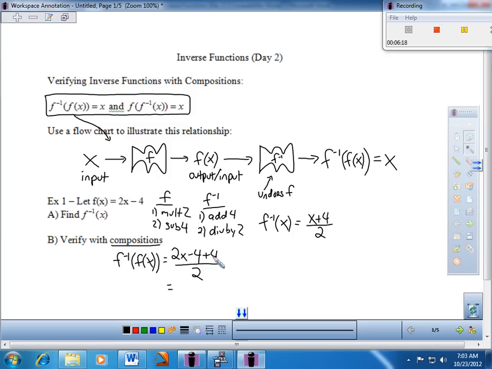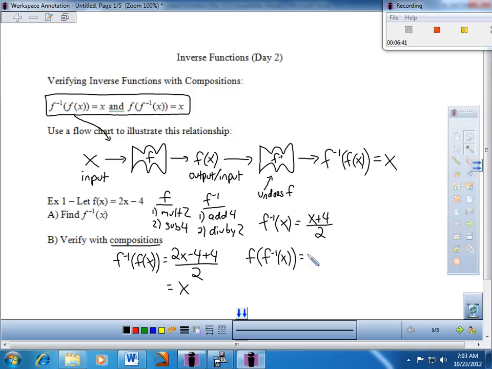But the minus 4 and the plus 4 cancel out, and then I get 2x over 2, which is just, of course, x. And again, what I start with, these undo each other, is exactly what I end with. Now, I'll take a moment, and if you can do the same, maybe you can be a little quicker than I am. But let's try this piece right here.